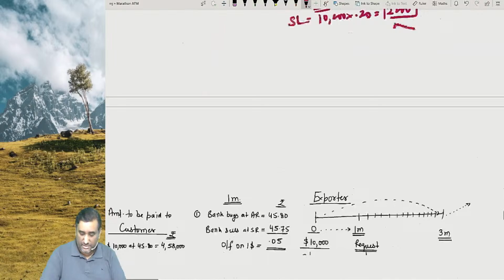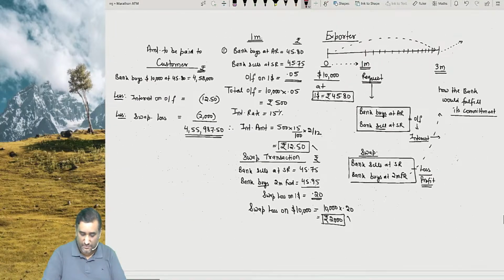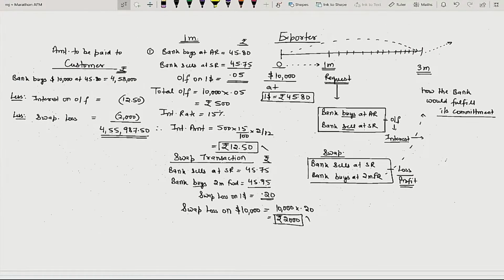Now you can check. Now you can check the answer on the next slide.